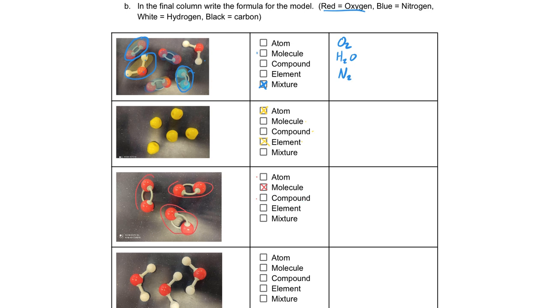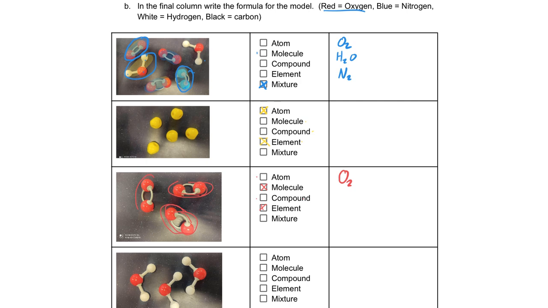A compound is more than one type of atom. Then we have element. These are all a single element, oxygen, so that's all O2s. Is it a mixture? No, it's only one type of molecule. So I'm going to write this one down. That is oxygen, which is O2.